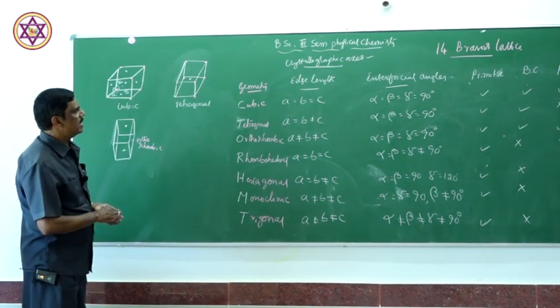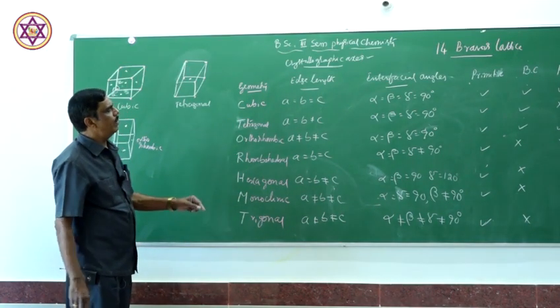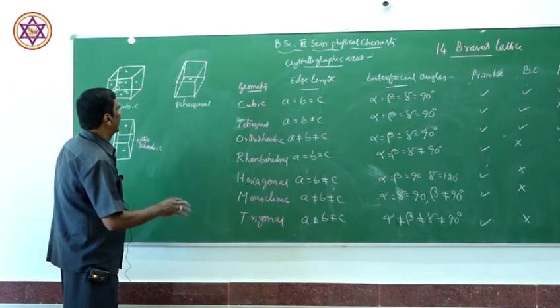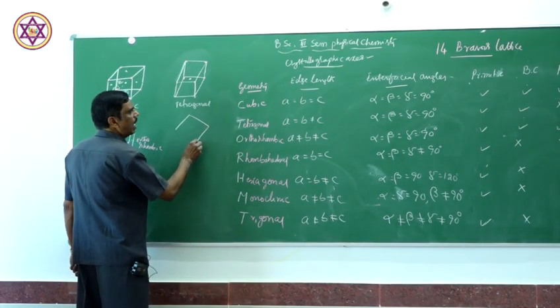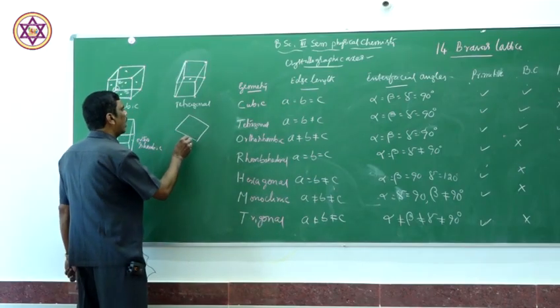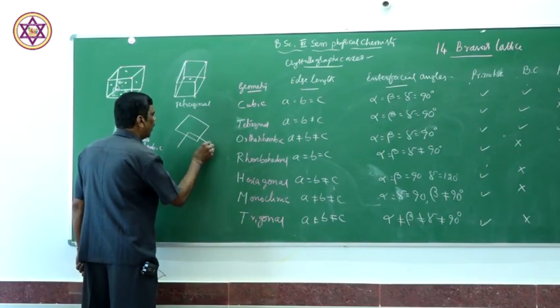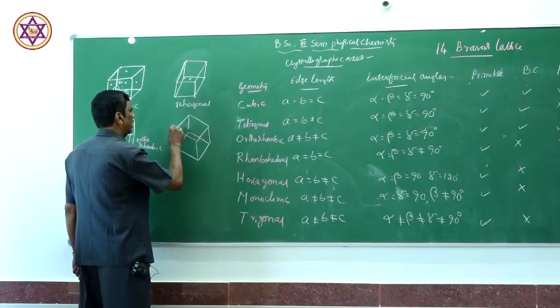In case of rhombohedral, A is equal to B is equal to C, whereas alpha, beta, gamma are not equal to 90. So, in this case, all of the angles are not equal to 90, but all of A, B and C are equal. You see, all of them are equal.